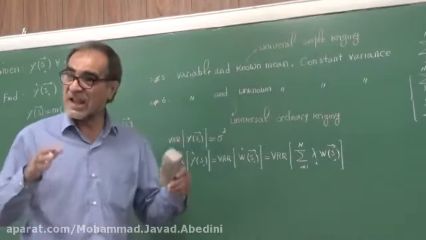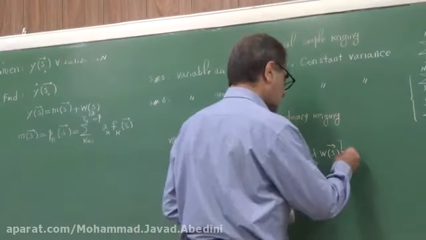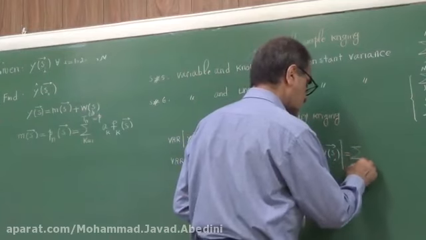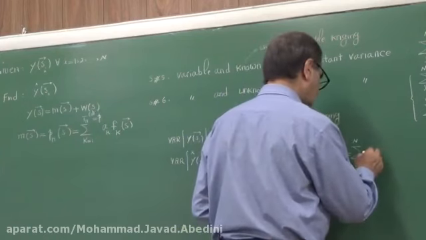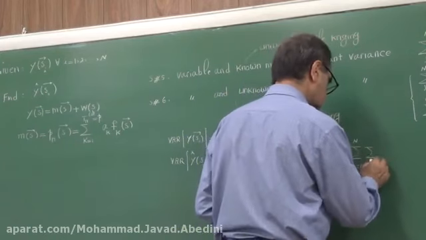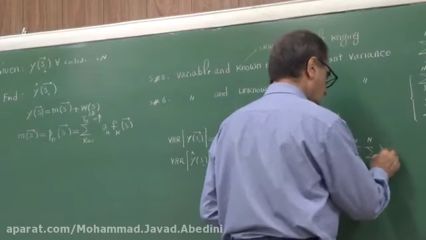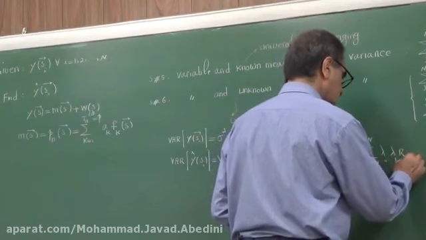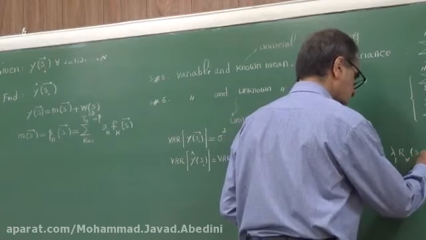Therefore, here you are allowed to express this as a double summation lambda i, lambda j, R sub W, Si, Sj.